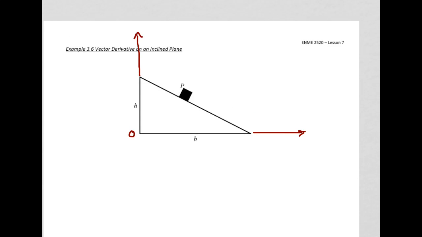This is reference frame I, which has an origin at O, and we'll use the E1, E2, and E3 basis. We'll define E1 in that direction, put E2 in this direction, and then E3 is pointing out to us.